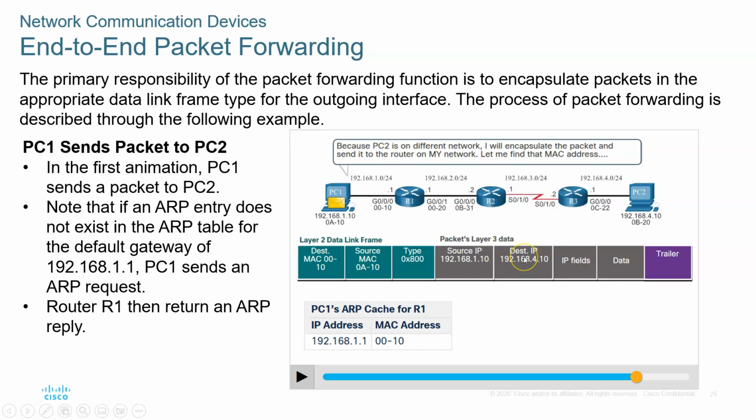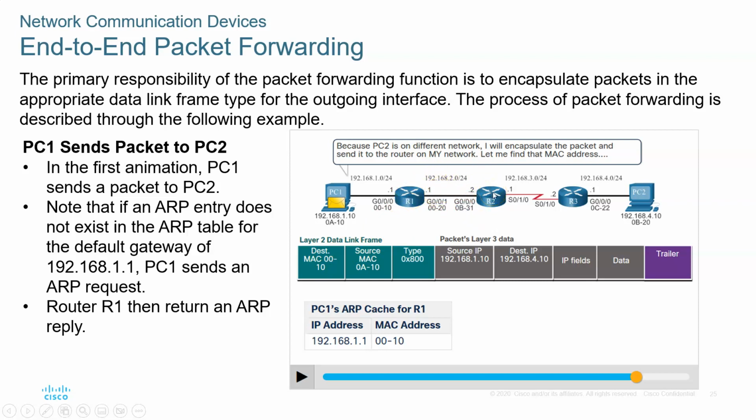And when he looks up the chart and does the masking, he finds that it should be sent out of G001. So he will request the MAC address of this guy to send it. He will encapsulate, put his MAC address 0020 as the source, and put 0B as the destination, and then the frame is sent to here.